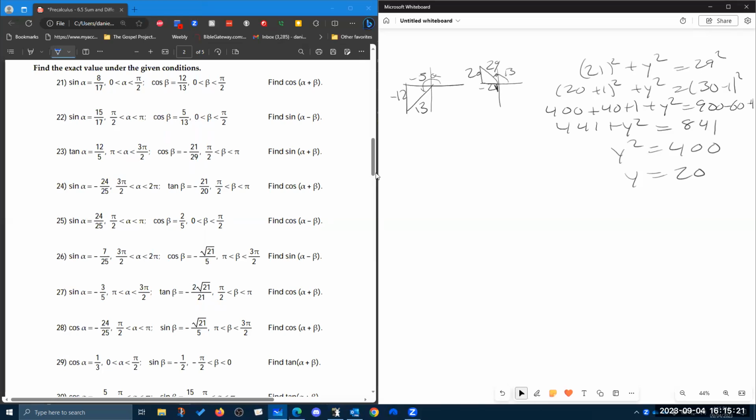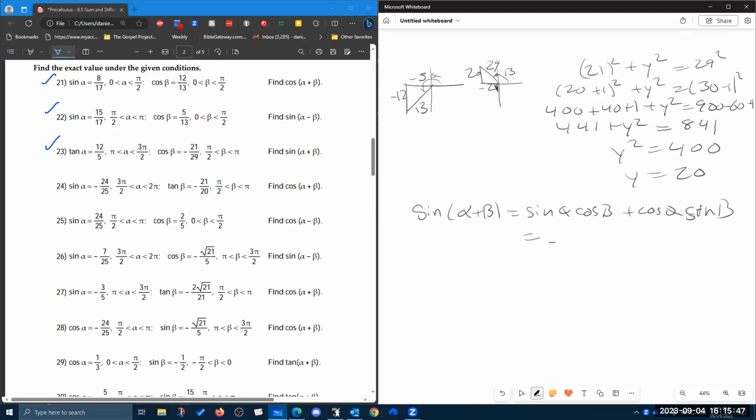We are on number 23. So I want sine of alpha plus beta, which is sine alpha cosine beta plus cosine alpha sine beta.